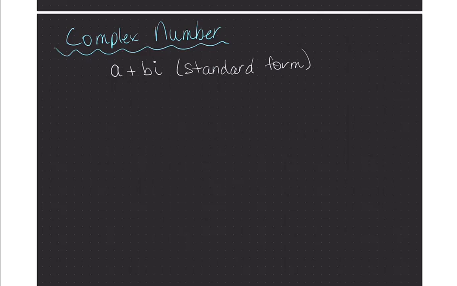So just like with mixed numbers, where it was that whole number and that fraction, it's kind of the same with complex numbers. This a is going to be our real part. And the part that has the i on it, what does i stand for? Right, imaginary. So this is our imaginary part.